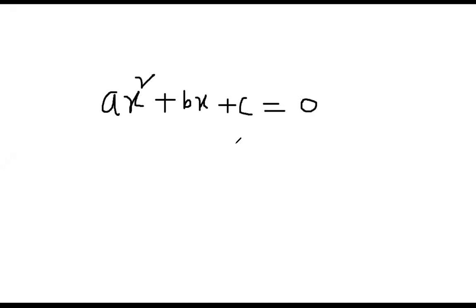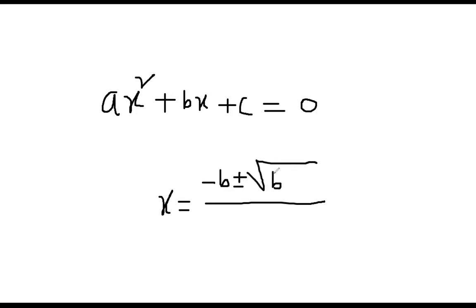This is the quadratic equation, and what is the solution of x? x equal to minus b plus minus root over b square minus 4ac, over 2a.